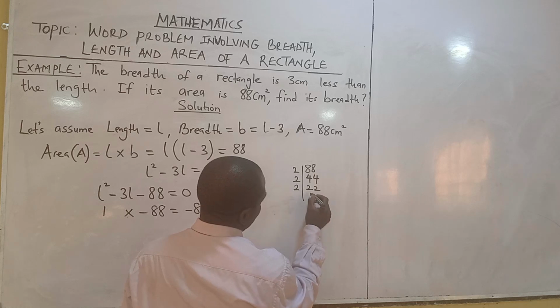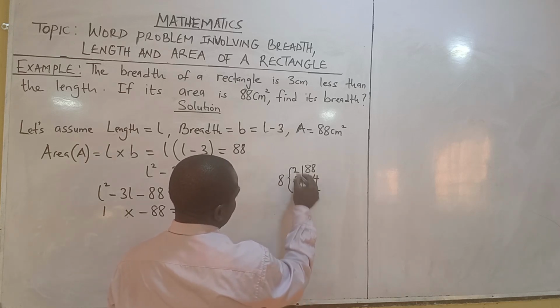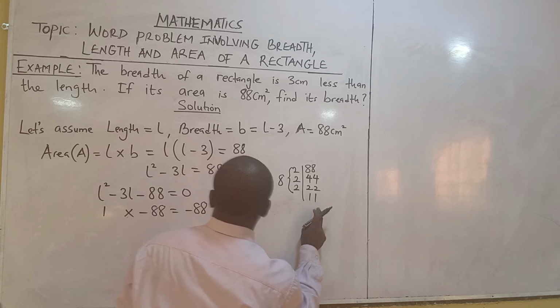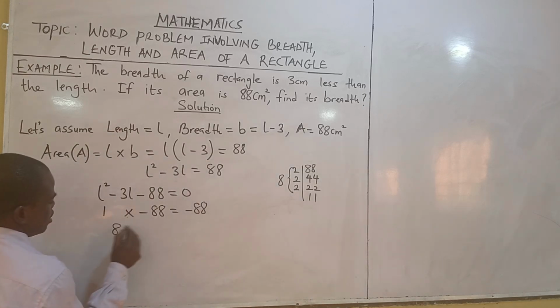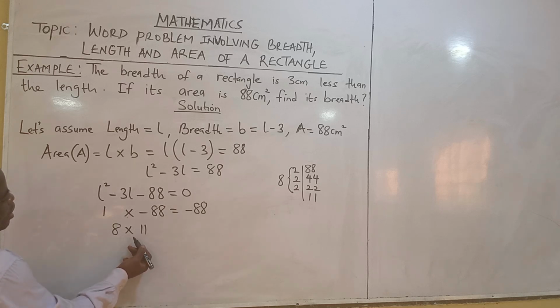You continue, 2 here, 11. Now when you join together 2 times 2, 4, times 2, 8. 8 times 11 will give us 88. But where should we put the negative so that when we add them together, we will get minus 3?